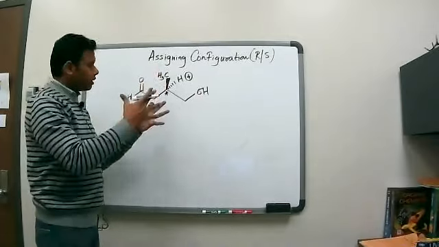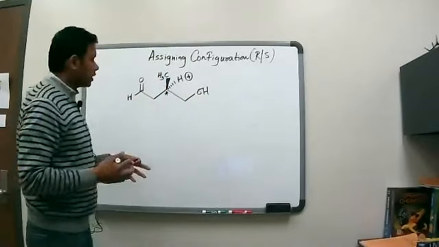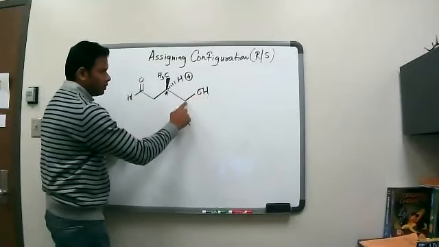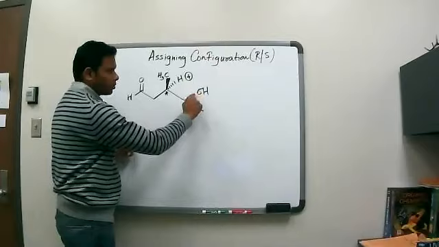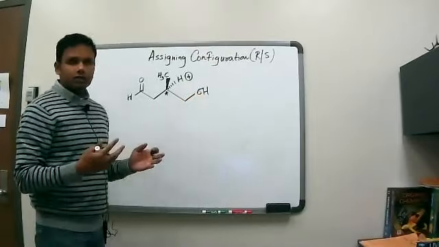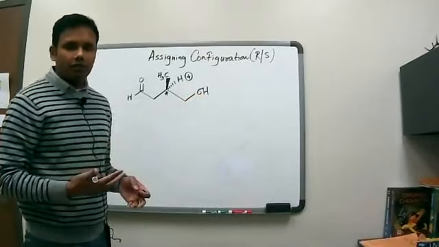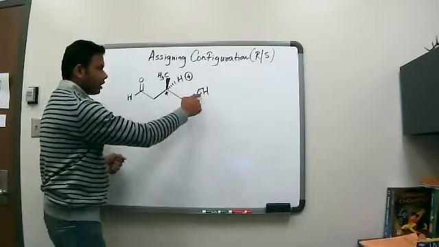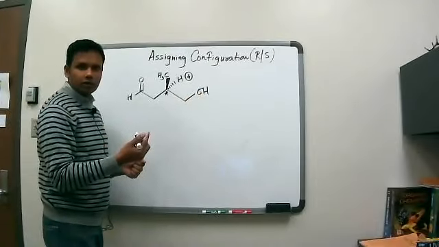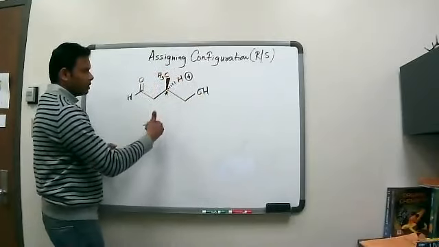We look at all of those groups overall, and on the right, we have the carbon connected to 2 hydrogens and 1 oxygen atom. The oxygen is a heavier element, of higher atomic weight, so it takes priority over all of these carbon atoms.